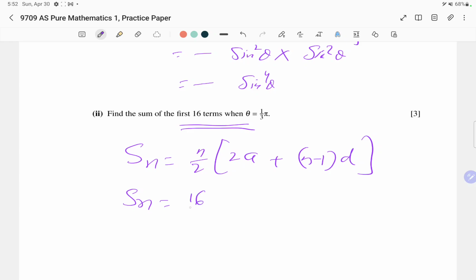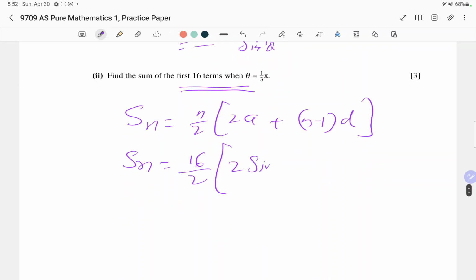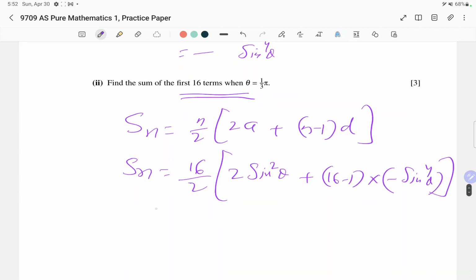Now 16 over 2, 2a, where a was sine square theta, so 2 sine square theta, and n is 16 minus 1, and d we already got as minus sine to the power 4 theta, and this is S16 this time.